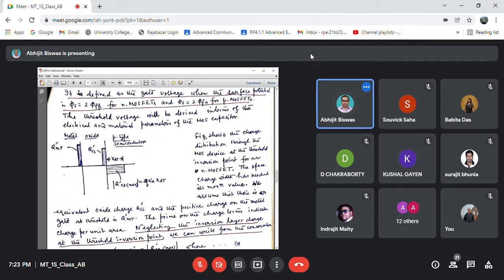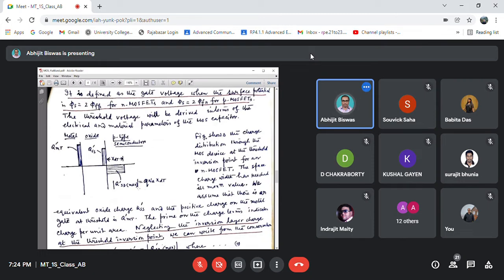So there are actually three charge densities: one at the gate terminal, per unit area of the gate, denoted by Q dash MT; the second within the oxide, per unit area of the oxide, which is basically the trap charges or interface trap charges; and the next one is the depletion charge.